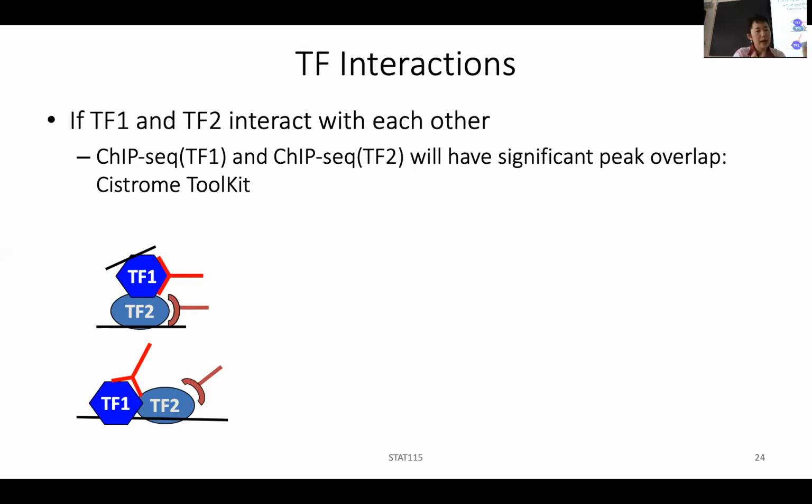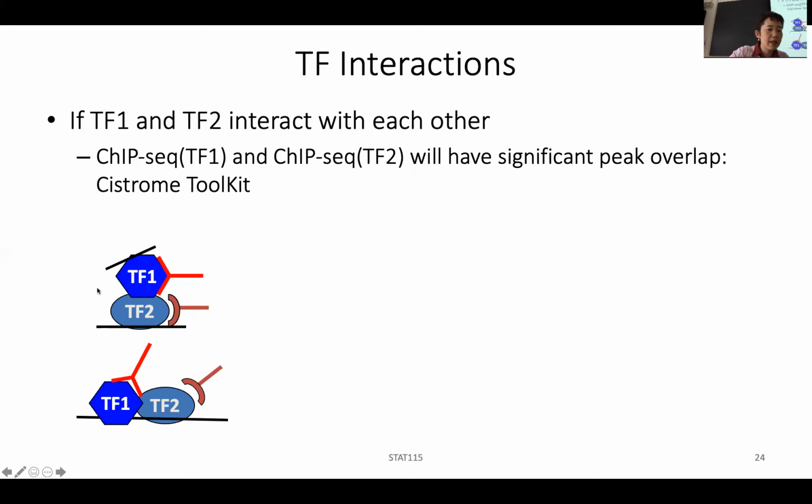But because they interact, in the cross-linking step you will cross-link TF1 to its DNA, TF2 to its DNA, and also cross-link TF1 and TF2 together. So it will form a chunk together.